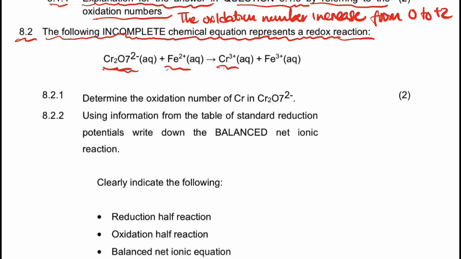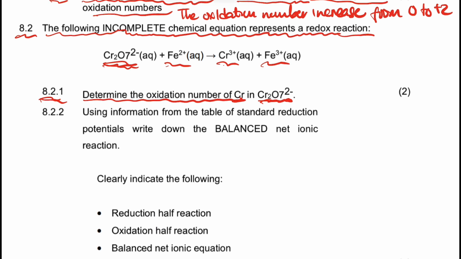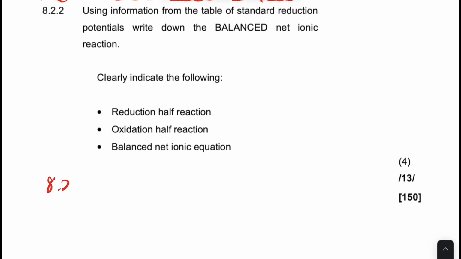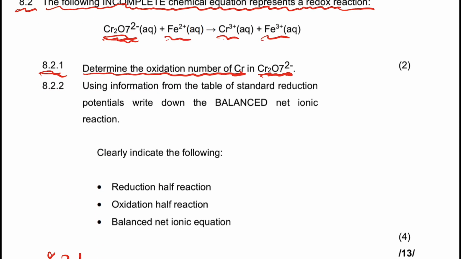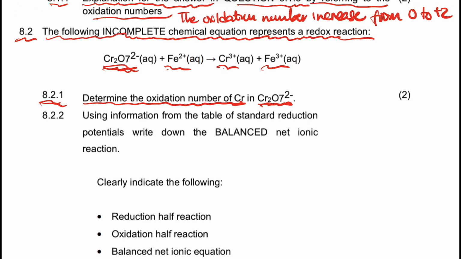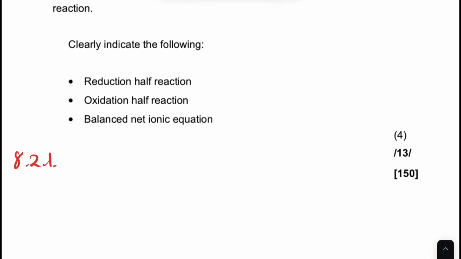Now it says determine the oxidation number of chromium in chromate. It's a dichromate, guys, not a chromium. So in 8.2.1, to determine the oxidation number for that, we wanted the oxidation number of, okay, let me write it there in full.